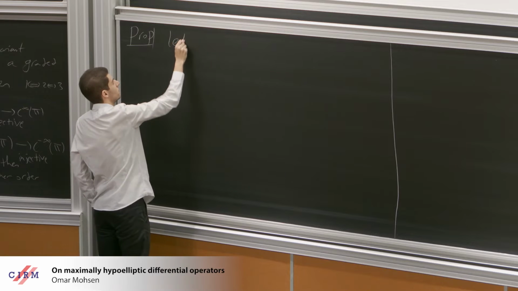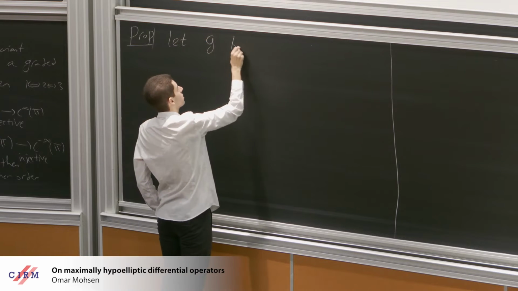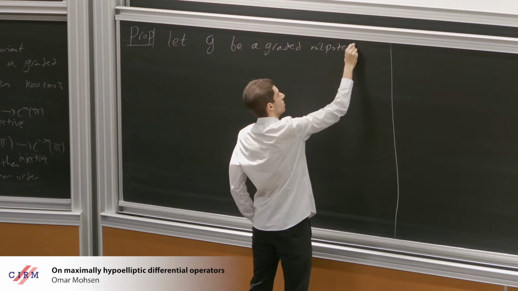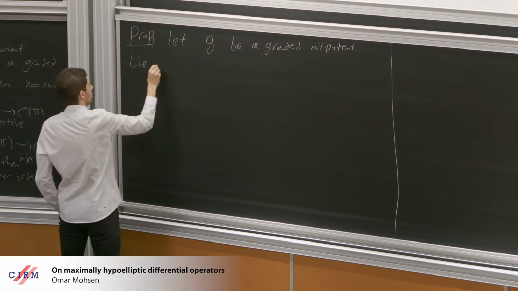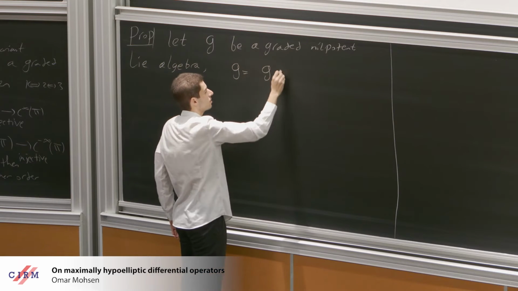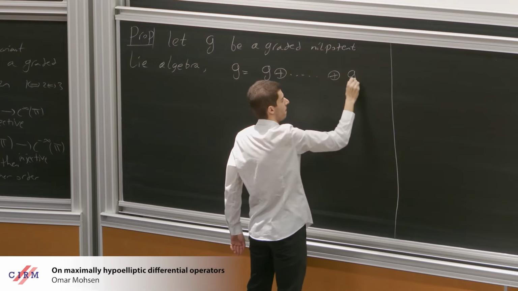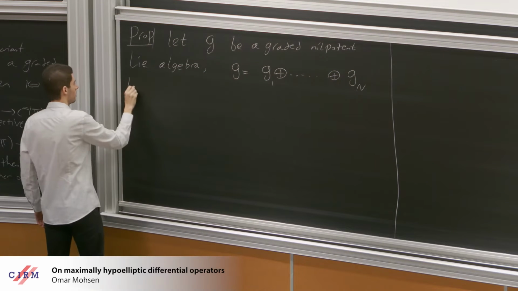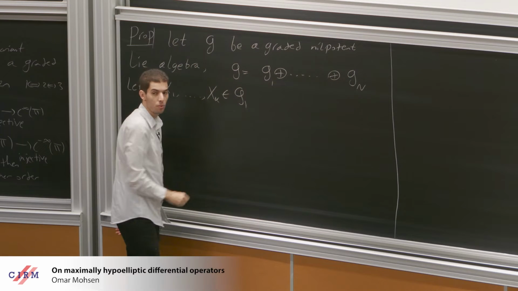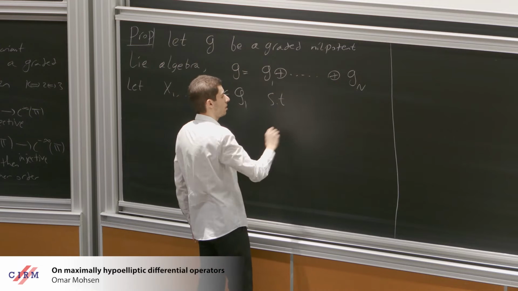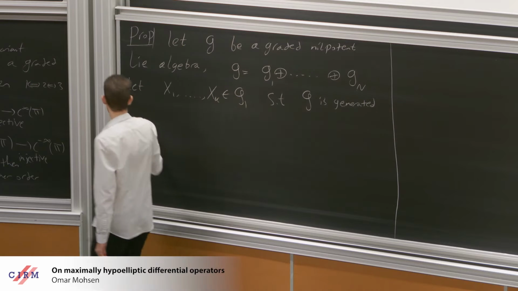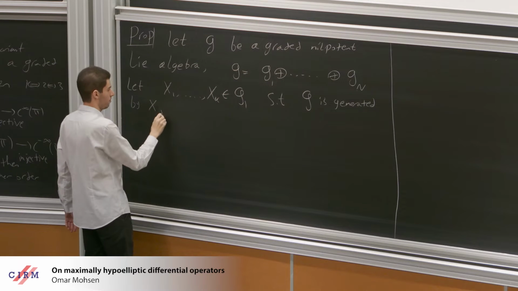Let G be a graded nilpotent Lie algebra, and so by definition I can write it as a direct sum, and let x1 to xk be some elements of G1 such that G is generated by these elements.